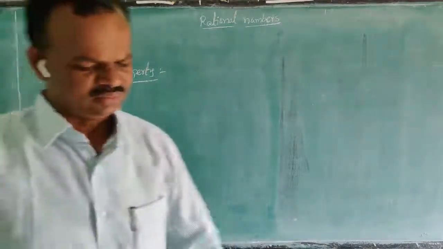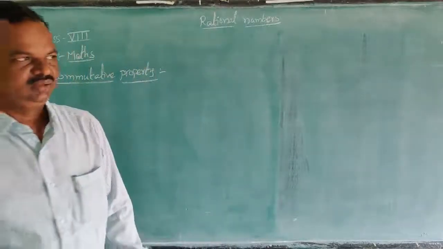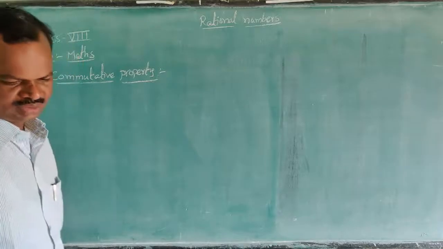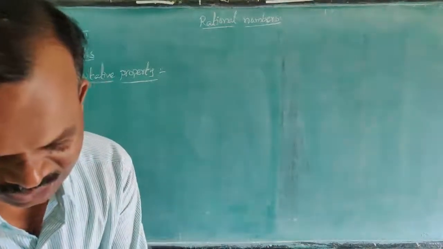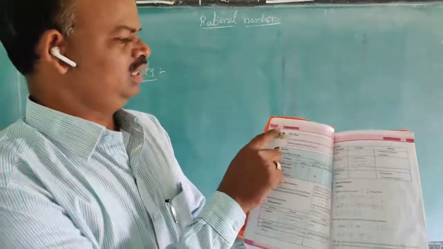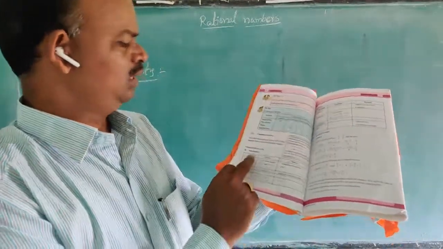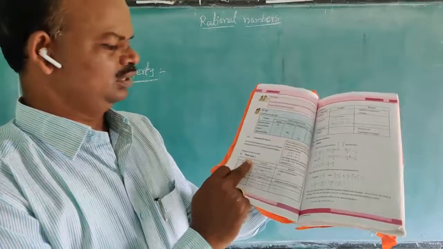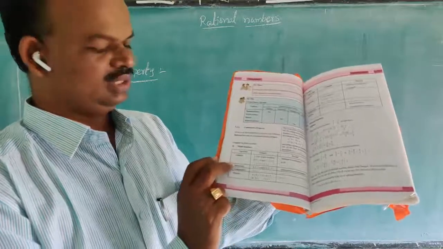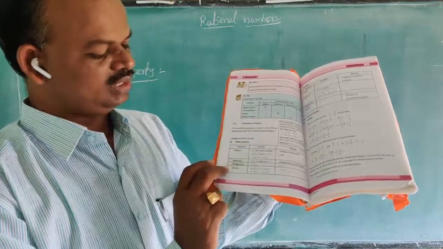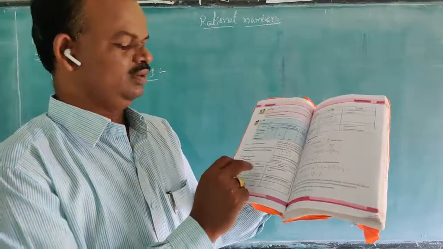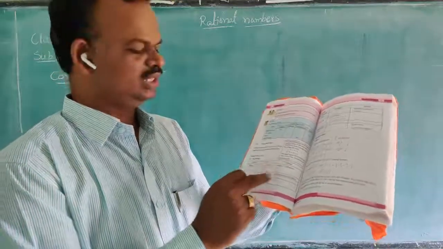Check which of the following satisfy and which do not satisfy. The first is whole numbers. In the textbook, page number 6, a table is given on whole number operations: addition, subtraction, multiplication, division, examples, and remarks, showing which satisfy and which do not.